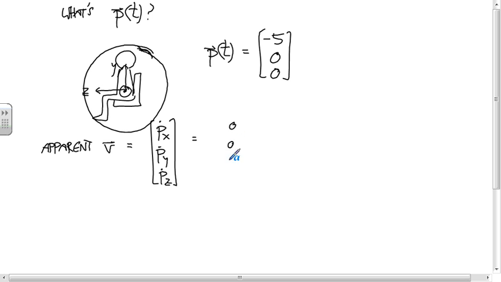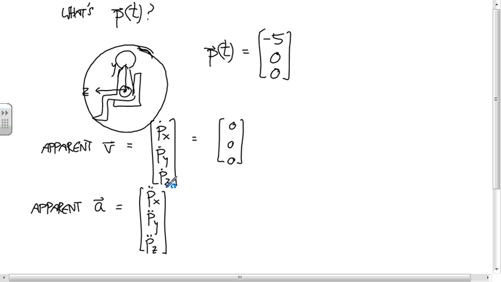Is 0, 0, 0. That makes sense because looking at him, all we see is just a stationary thing. And the apparent acceleration is just the second derivatives of these position components. And that's equal to 0, 0, 0.